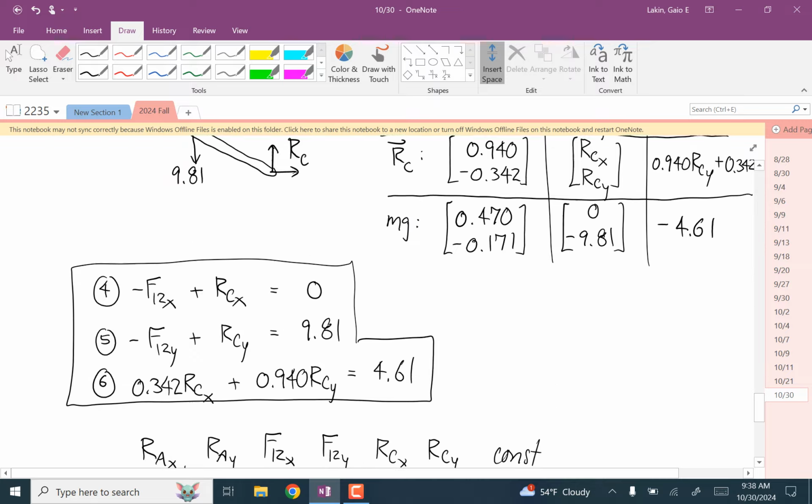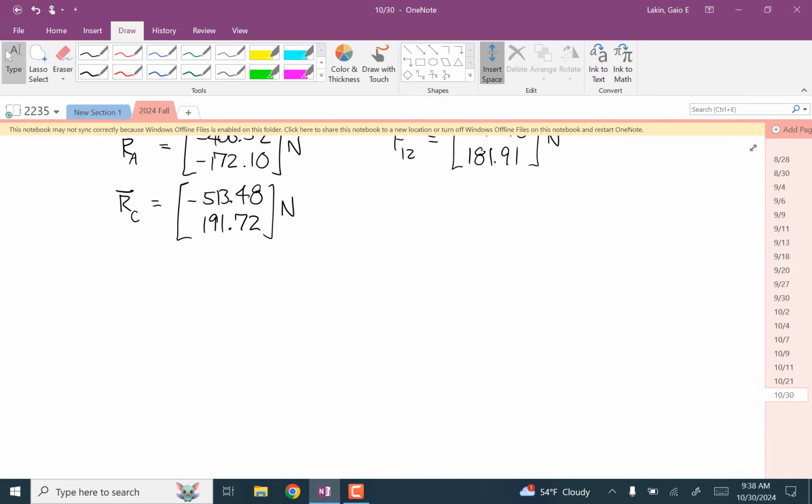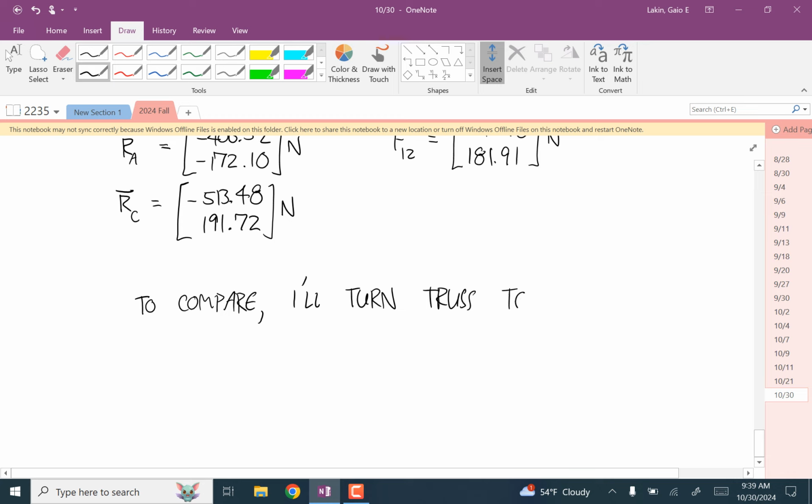So to compare, I'm going to turn the truss tensions and compressions into force vectors.